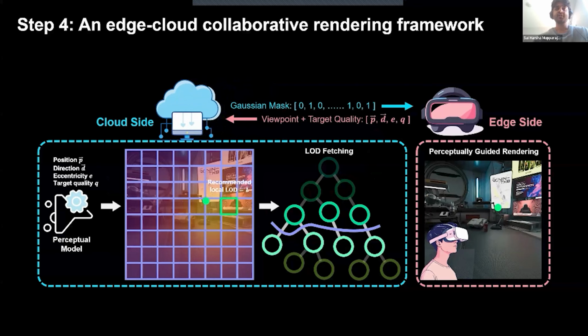We send the viewpoint with vector P and direction D tracked by the mixed reality device's eye tracker, along with the eccentricity and the target quality per patch, to the cloud, and extract the Gaussians which fit our LOD heat map back to the edge as a Gaussian mask and render them on the edge using rasterization. We have our whole hierarchical Gaussian model on both the edge as well as the cloud.